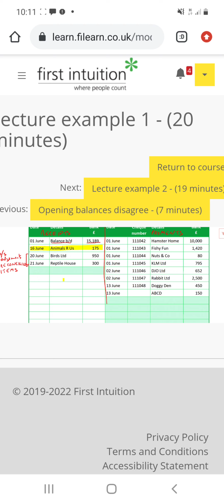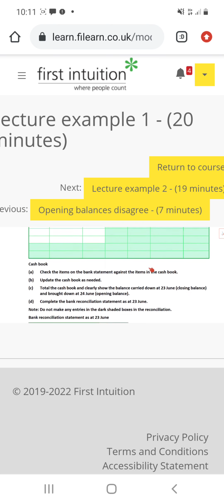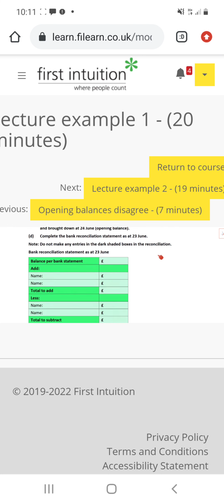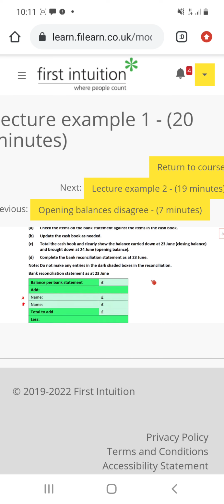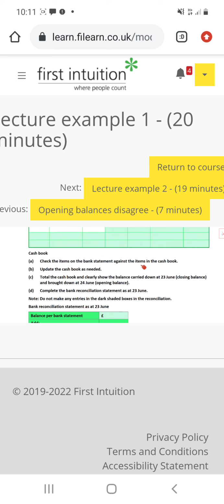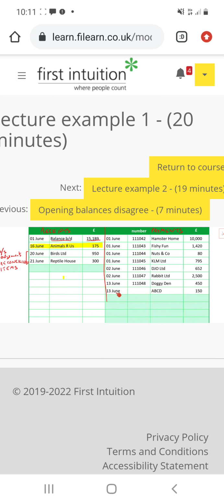So the ones I can't tick off must be my reconciling items, and they need to go onto our reconciliation statement. We'll do that in a minute when we get to that step. So that was step 1, where we identified some outstanding lodgements.